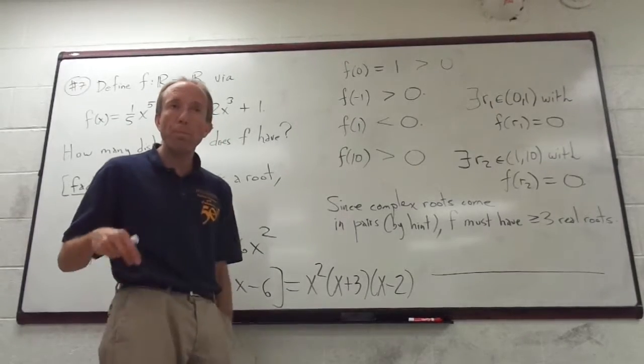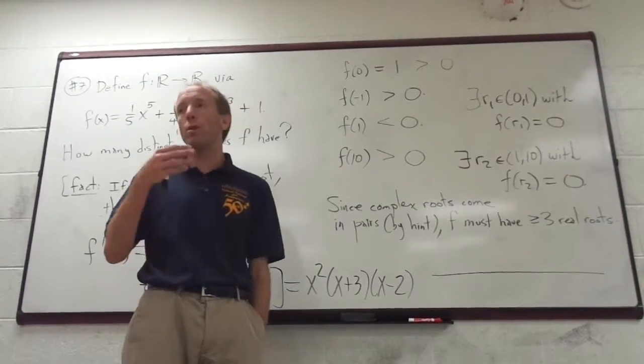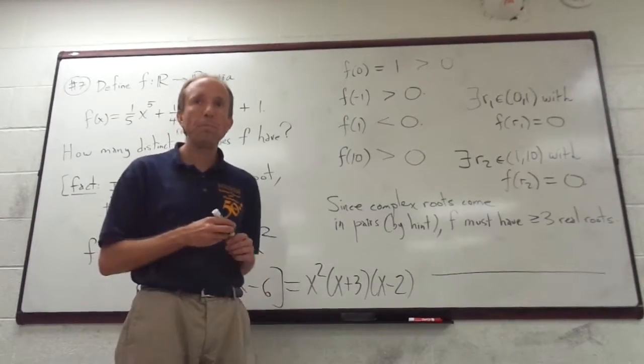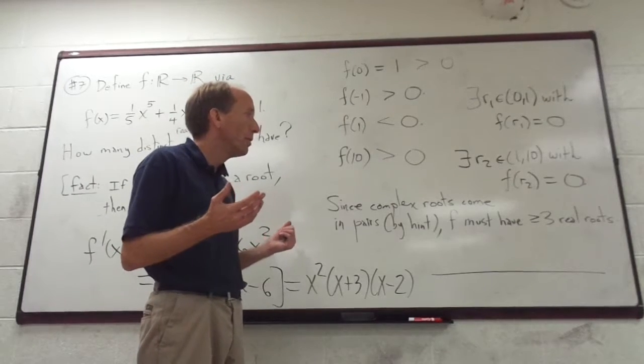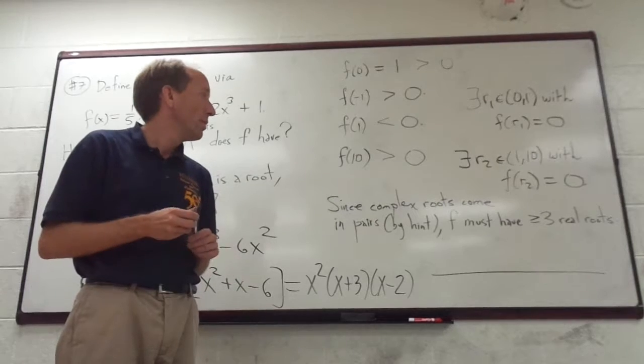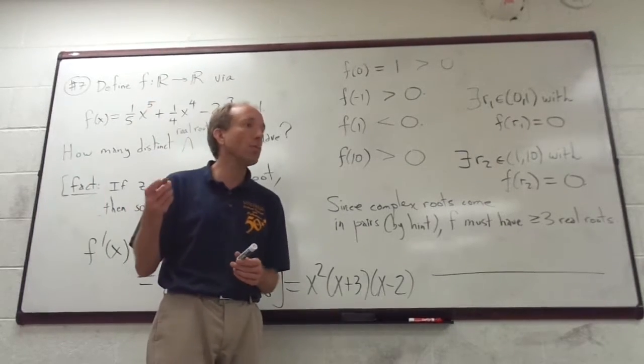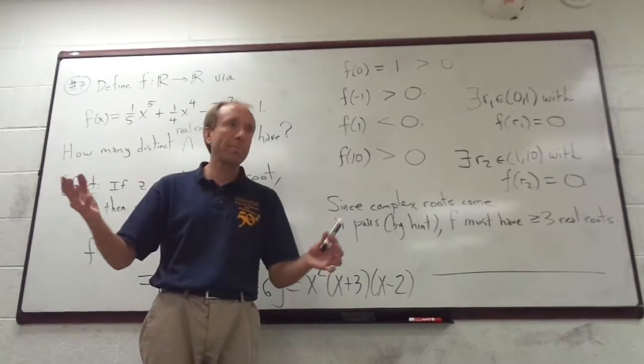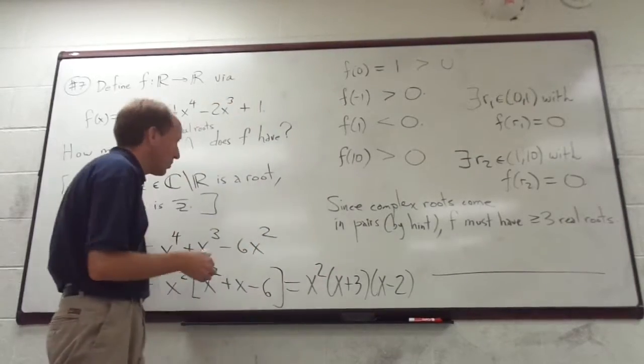So the question is, are there 3 real roots or are there more than 3? Well, again, you cannot have 4 real roots because then you'd have just a single complex root, and that violates this hint again.